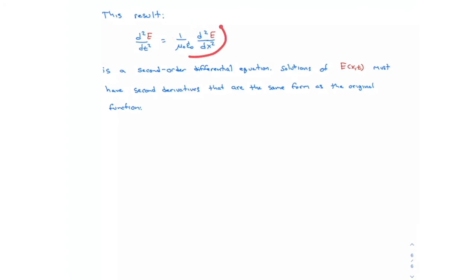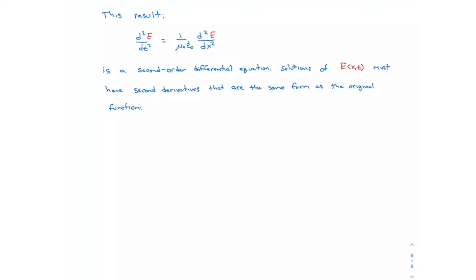That way, when we take the second derivative with respect to x, we get something proportional to the original function. When we take the second derivative with respect to t, we get something proportional to the original function. And if both sides are proportional to the same function, then they can be equal to each other. And this will be our constant of proportionality. We'll enforce that in a moment.